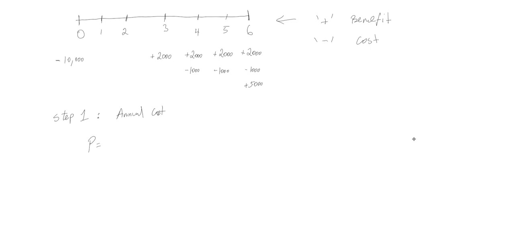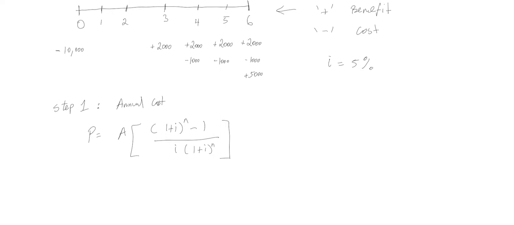And the annuity equation is P, so the present value, is equal to the annual payment that you receive each year, times the bracket of (1 plus I, which is your interest rate, to the power of n, minus 1), divided by I times (1 plus I) to the power of n, close the big bracket. And in our example, I is taken as 5%. So your interest rate is 5%.